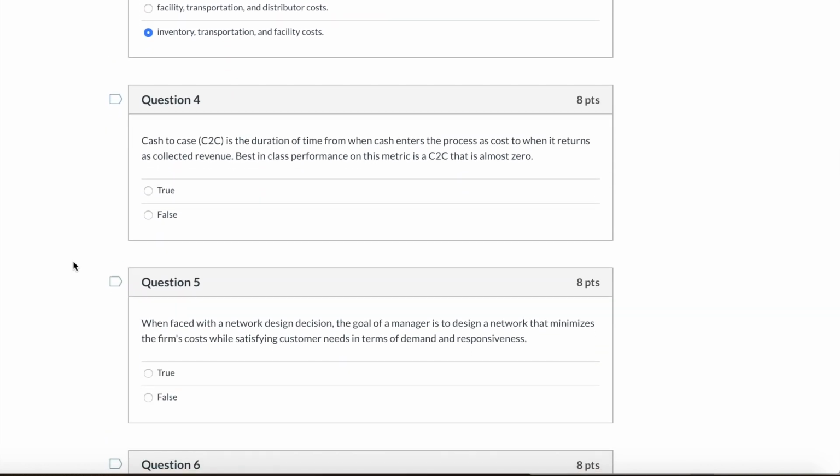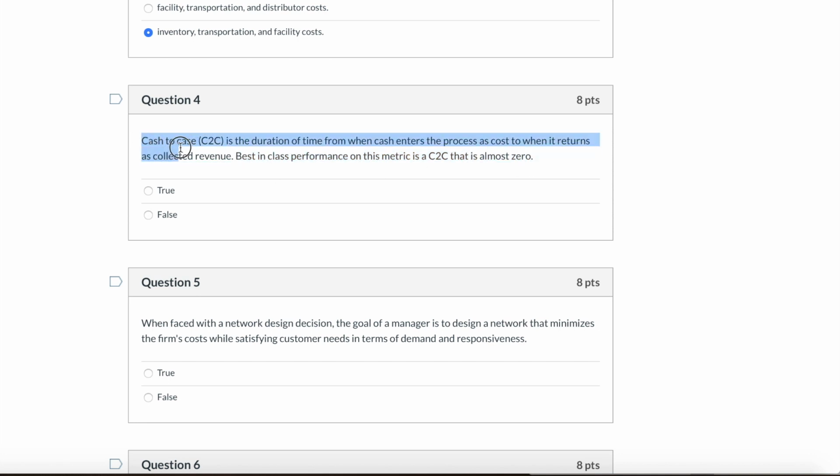All right, cash to cash is the duration of time from when the cash enters the process as cost to when it returns as collected revenue. Best in class performance on this metric is C2C almost 0. So here's the trick with these true or falses: a lot of times the first half is true and the second half is false. In this case, that's exactly what it is.